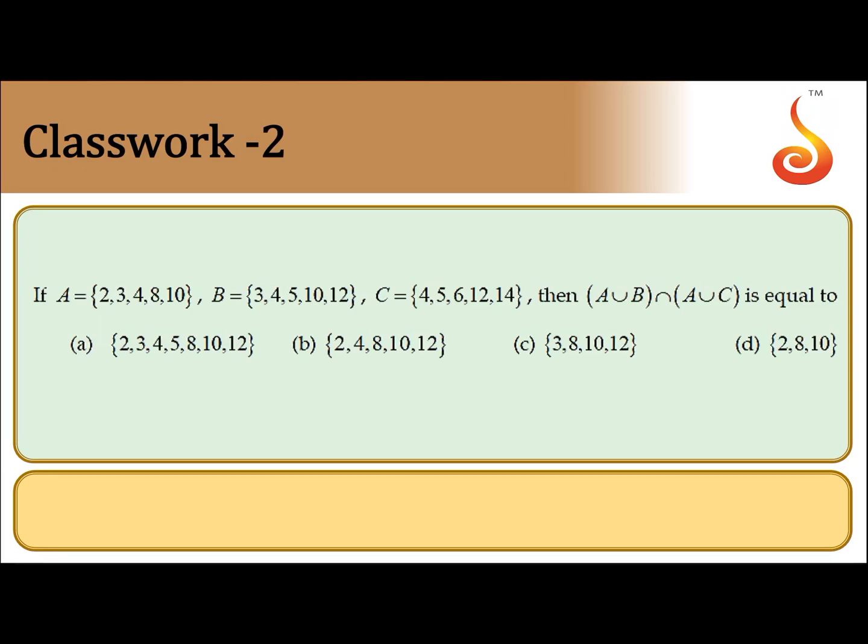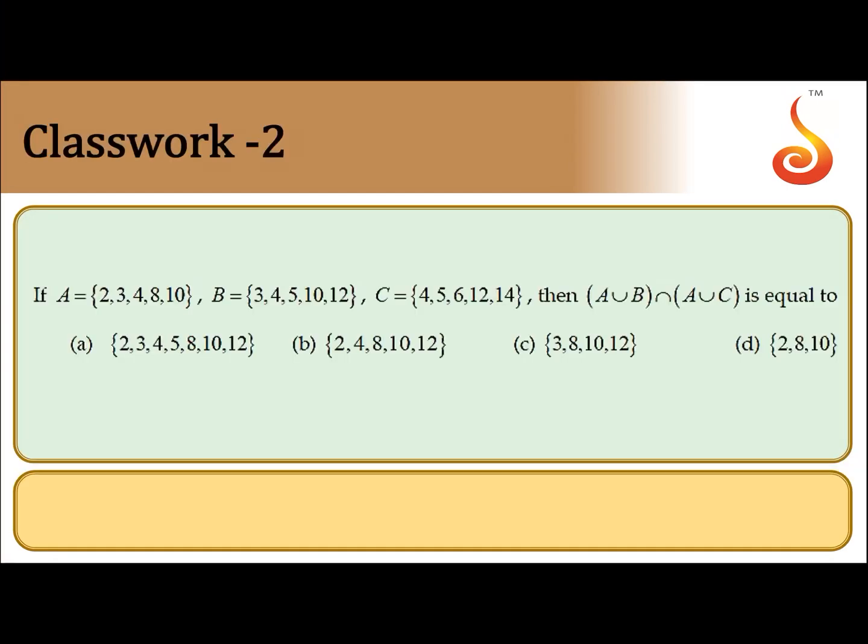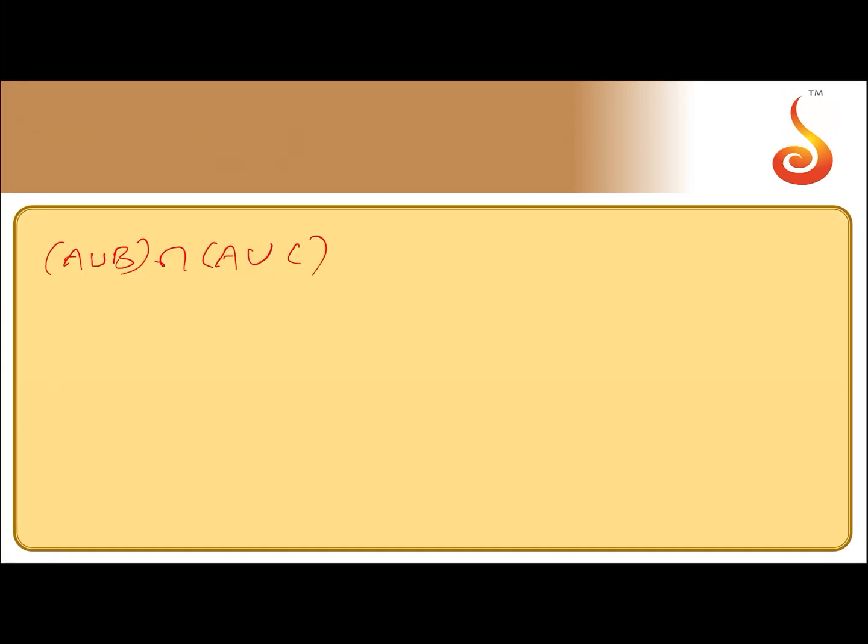Coming to the next one, A union B intersection A union C is equal to, with A, B, C given to you. So let me take up A union B intersection A union C and simplify it first. Why don't we apply the reverse way of the distributive property, with A taken common?